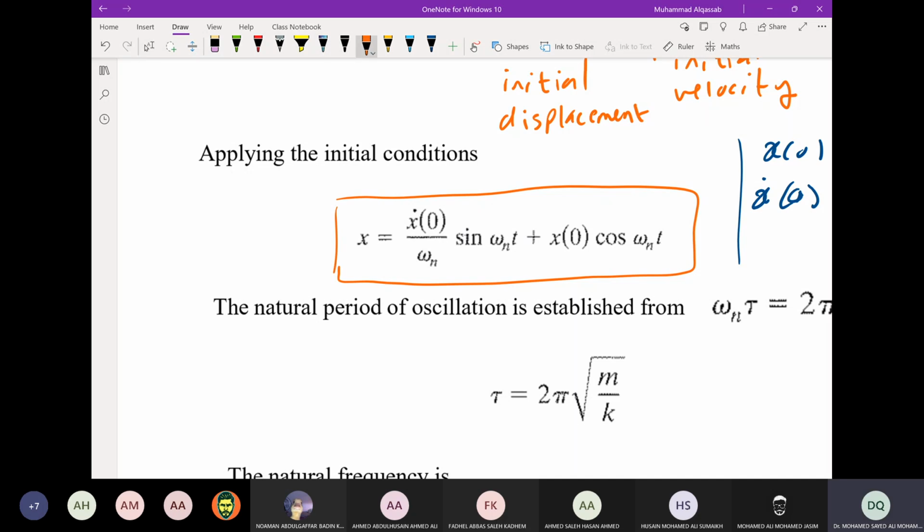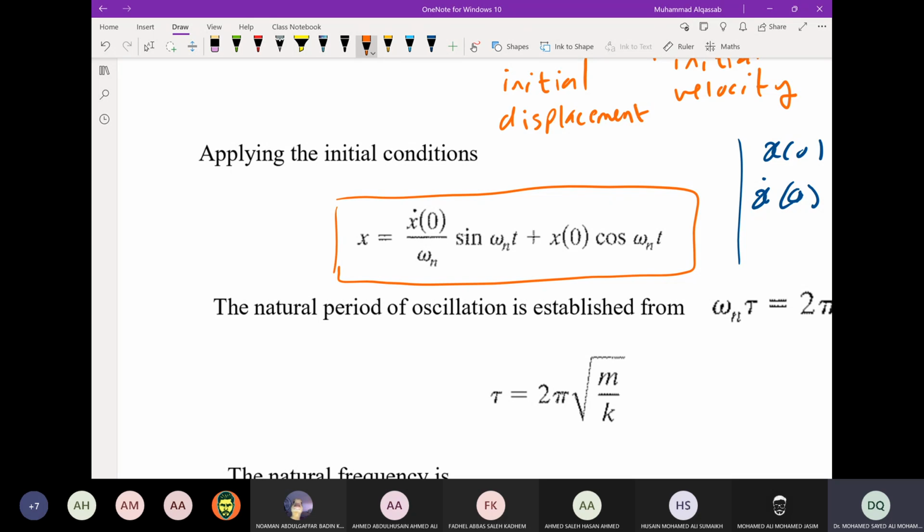As you can see, if x dot at 0 is 0 and x at 0 is 0, then x is always 0 for all time. If one of them is not 0, then x is not 0. It's going to be a function of time.